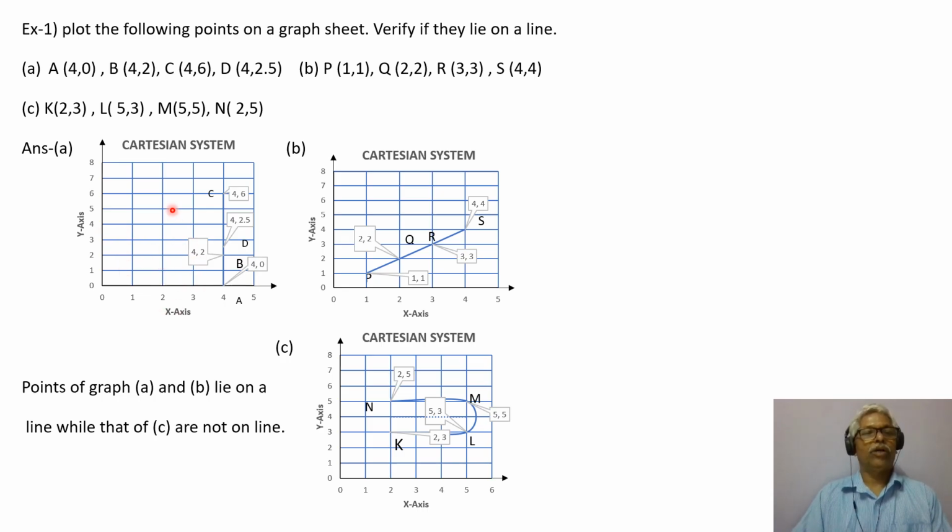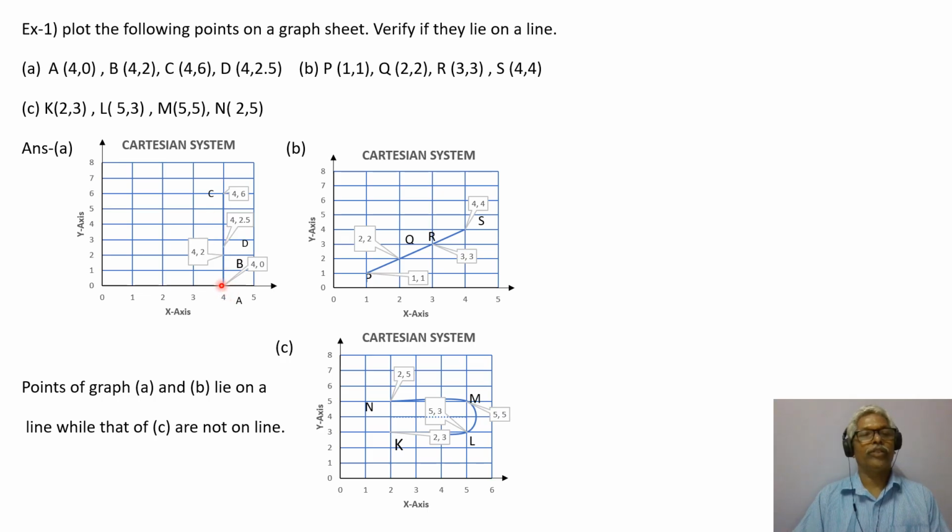Okay, now we have drawn this. Now point A (4, 0), so 4 and 0 is y-axis, so that is on the x-axis. This is that point. (4, 2), so this is 4 and 2, this is that point B. Okay, (4, 6), so this is C, and (4, 2.5) is 4 and 2.5, will lie somewhere here, this is D. Okay, now we have drawn all these points.